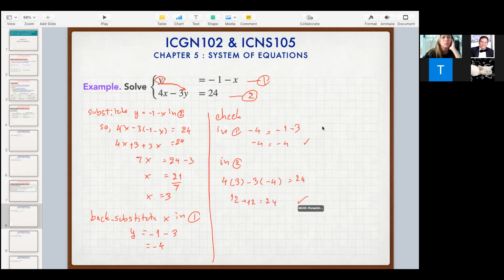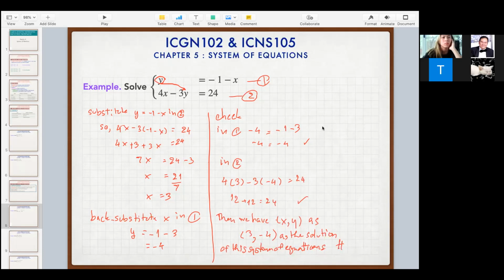Then we can use x and y as a solution of this system of equations. x is 3, y is negative 4, then we can answer.